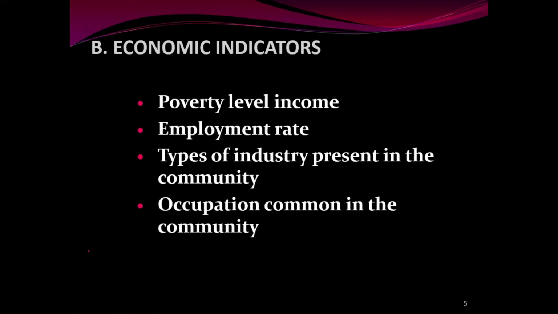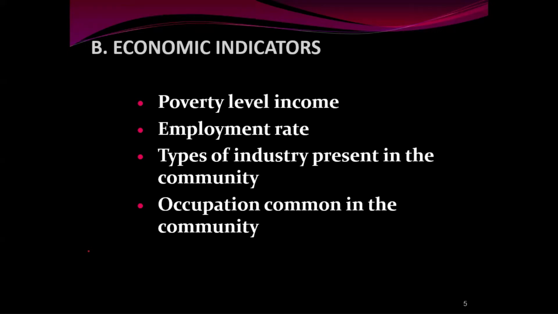So here we should find out the economic level of the population in the community. If there is a below-poverty-level population, then how many people are there, what are the problems, and what are the appropriate interventions needed to improve their quality of life.